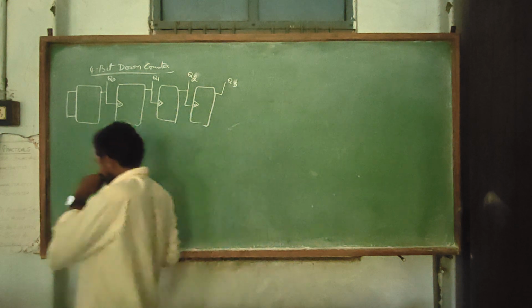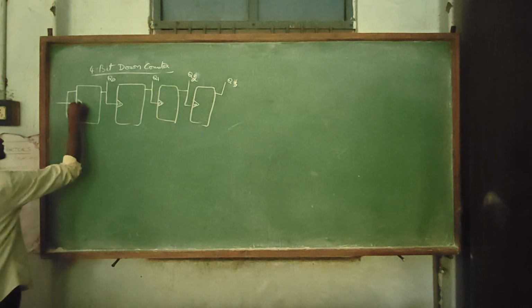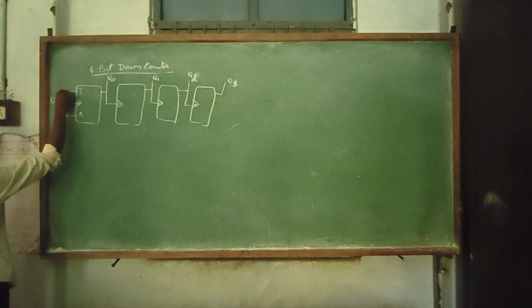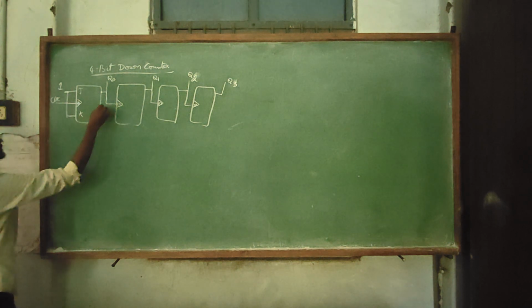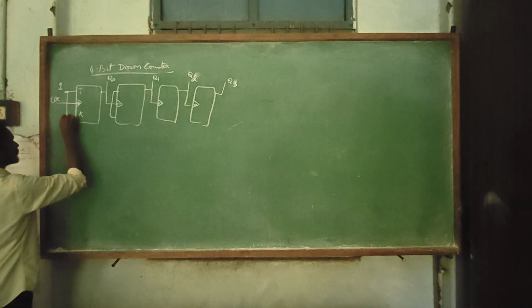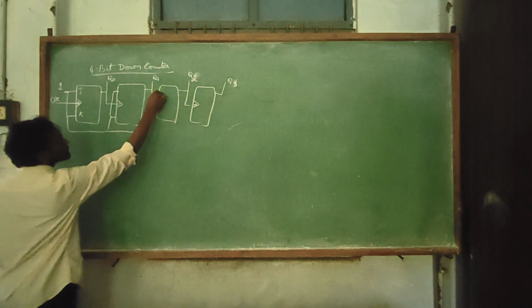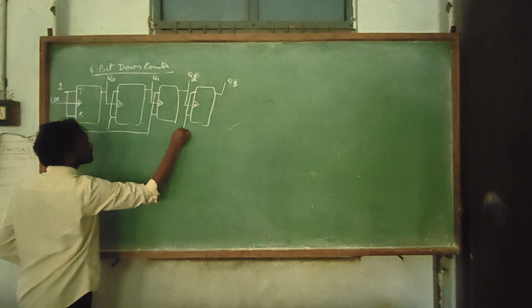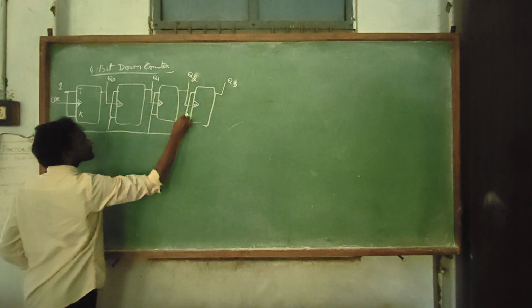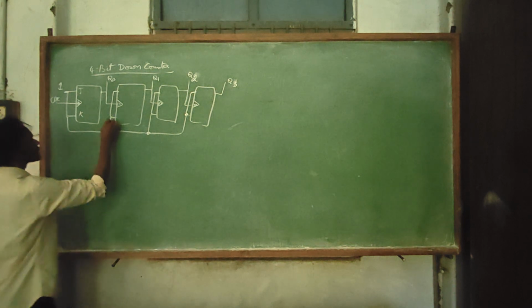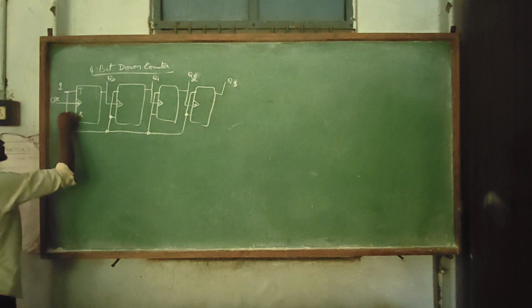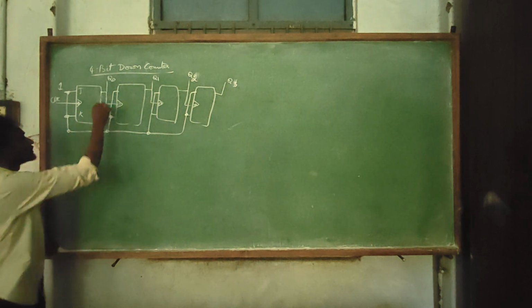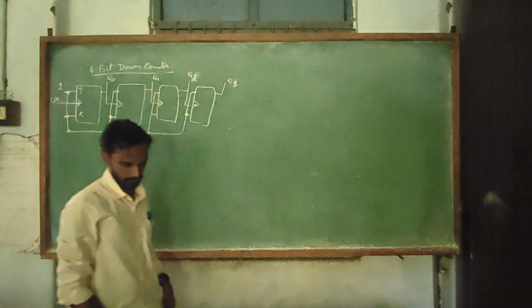So both J, K inputs are maintained at 1 for all the flip flops. So you have to be very careful while mentioning the junctions.